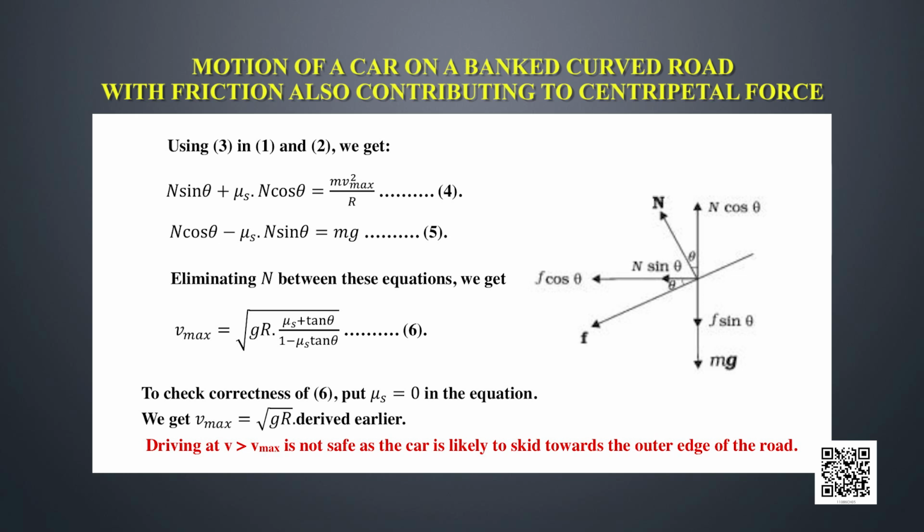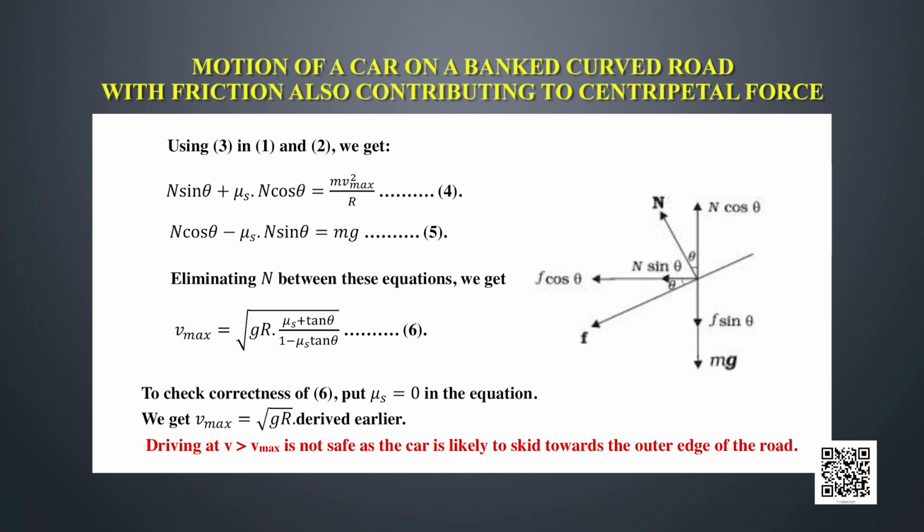So, N cos theta minus mu s N sin theta equal to mg is the condition for equilibrium in the vertical direction because there is no acceleration along vertical. Let us eliminate N, the normal reaction, between the equations. We get v maximum equal to square root of gr into mu s plus tan theta over 1 minus mu s tan theta.